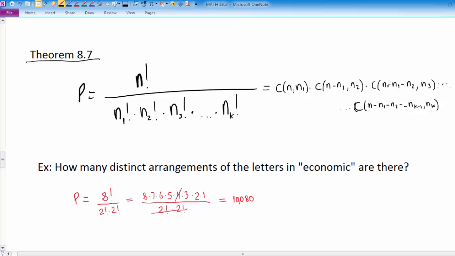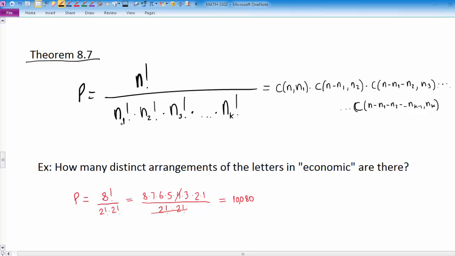Let me explain how this works. When you have objects that are repeated, you can think of arrangements by actually grabbing those objects that are repeated and selecting them because they are repeated anyway, so the order is not important. So out of those n objects, you're picking the first group. You can pick any group, but let's say you pick the first group of repeated objects.